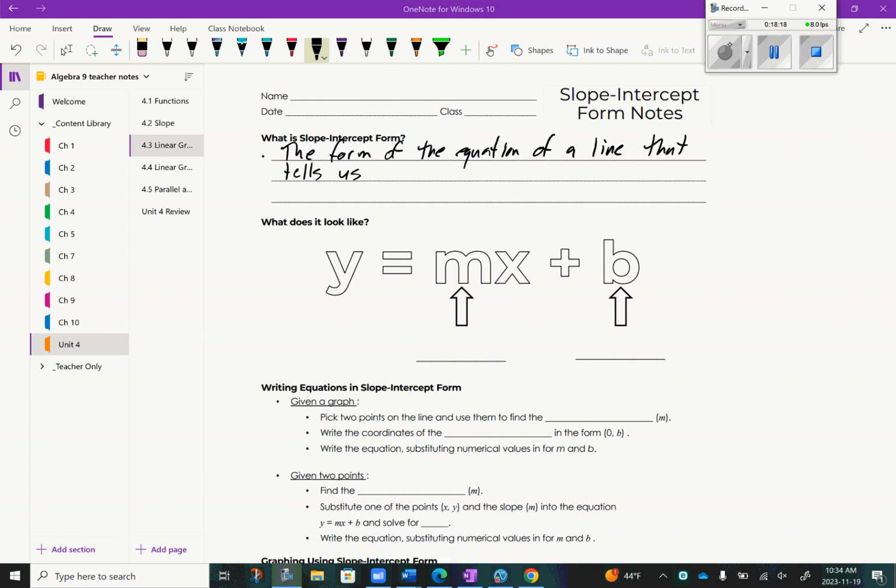So slope-intercept form is the form of the equation of a line that tells us two really important things. We should be able to tell what the slope of the line is just by reading the equation. And it gives us the y-coordinate of the y-intercept.